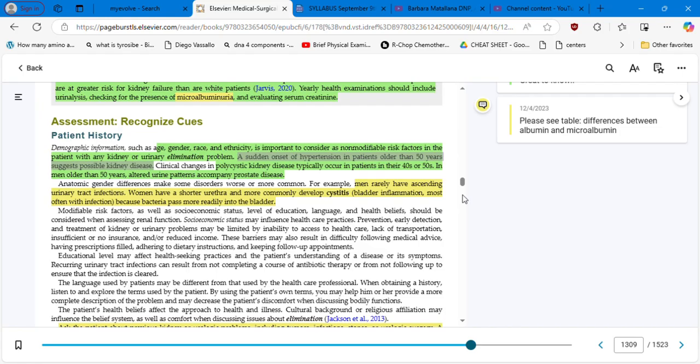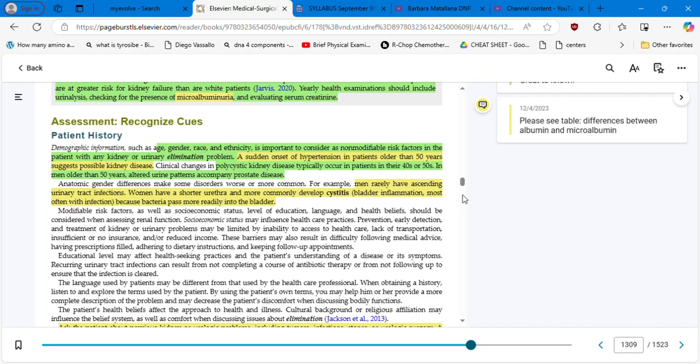So we have to check, starting at 40 years old, what is the behavior when the male patients go for urination, right? Men rarely have ascending urinary tract infection. Women have a shorter urethra and more commonly develop cystitis, which is a bladder inflammation, most often with infection.